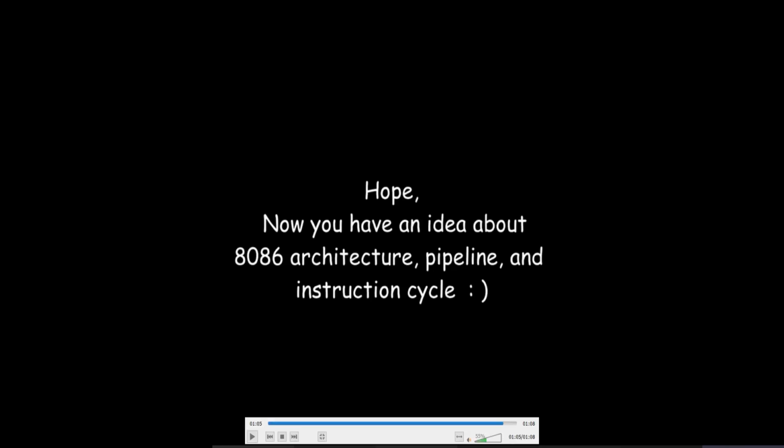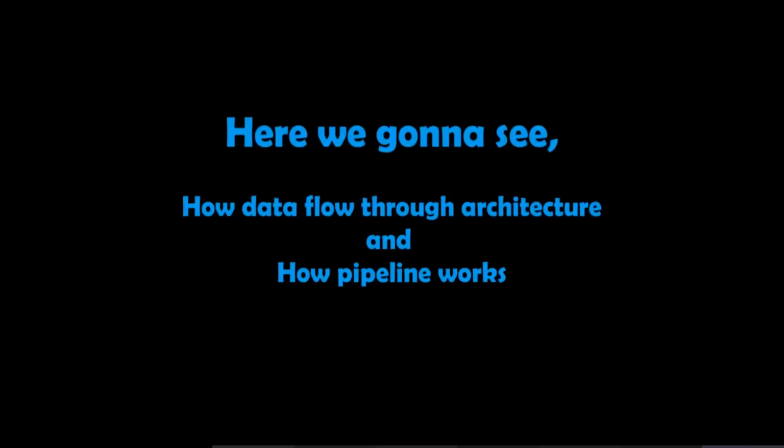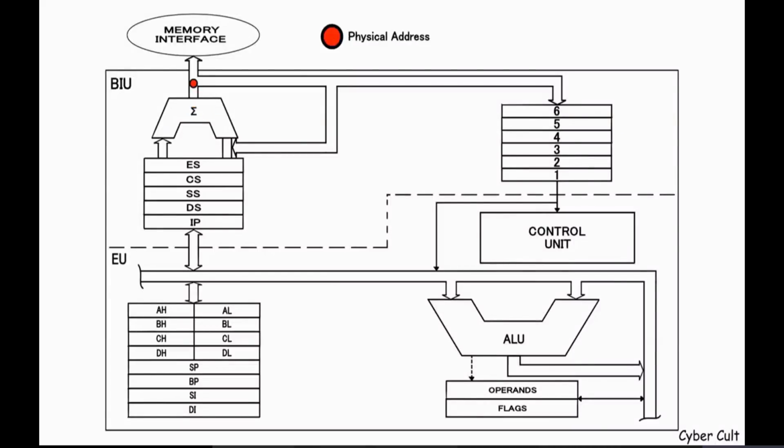So let me play it again. So what are you guys noticing in this? Where is the pipeline? Where is the pipe? Can anyone tell me where is the pipe in this architecture?